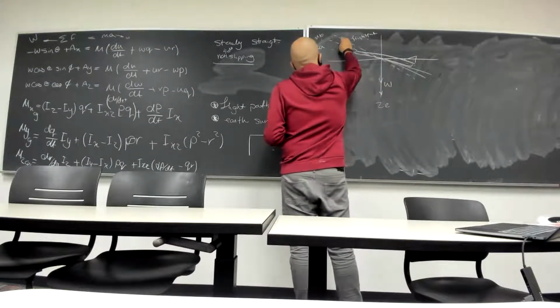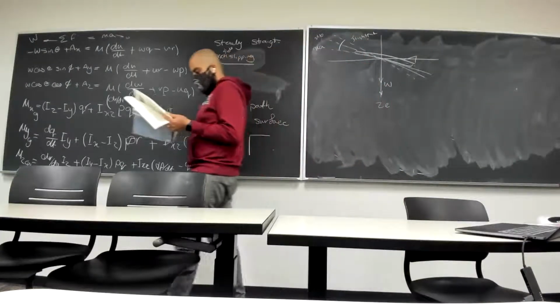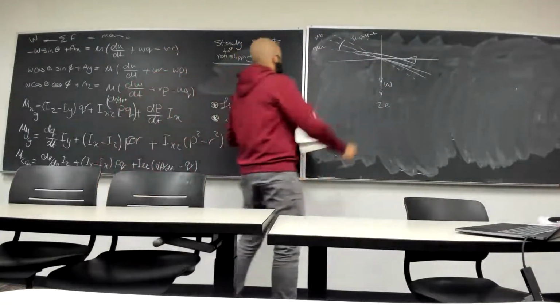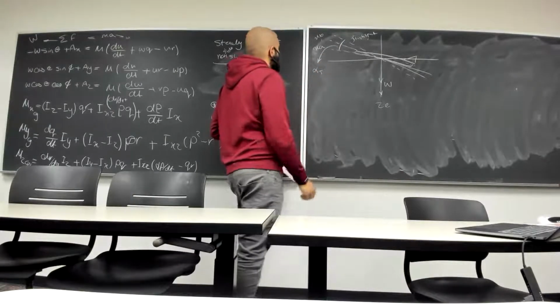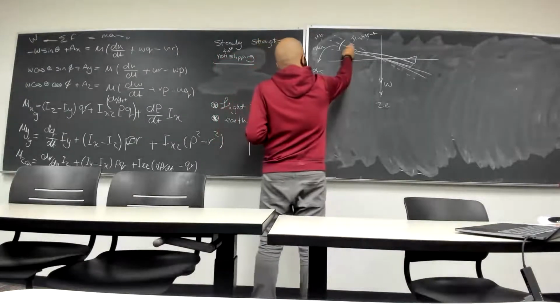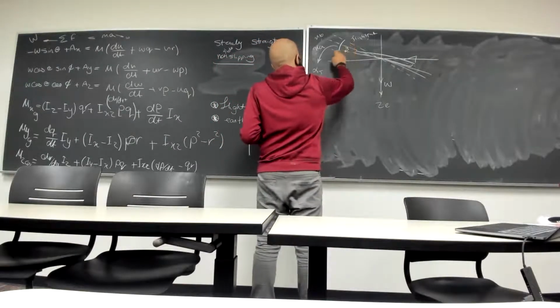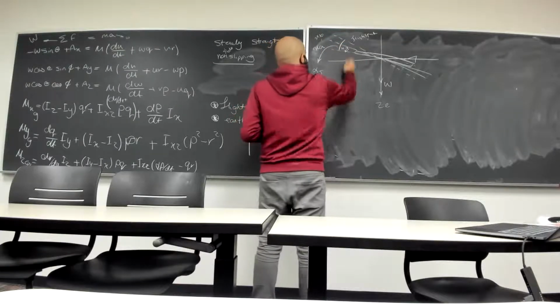The angle these two make, your flight path and x of A, is going to be your thrust vector angle, alpha of t, or thrust angle, let's call it thrust angle. The angle we're going to have here between x of B and x of A is going to be angle of attack.